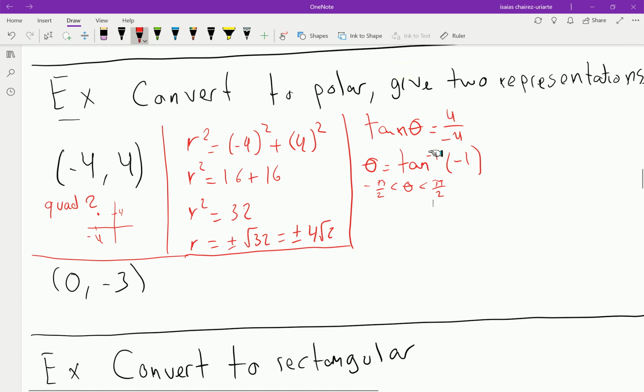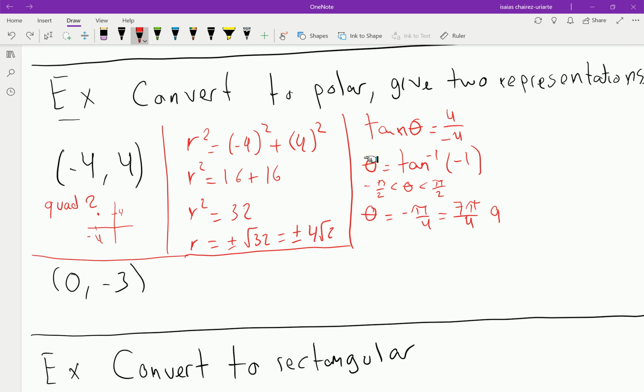And so if you were to punch this into your calculator, or look at the unit circle to figure out what the answer is, your answer is going to come up in quadrant 4, because that's where tangent is negative. If you punch this into your calculator it would say -pi/4 or -45 degrees, which I guess is coterminal to 7 pi/4. But this is in quadrant 4.